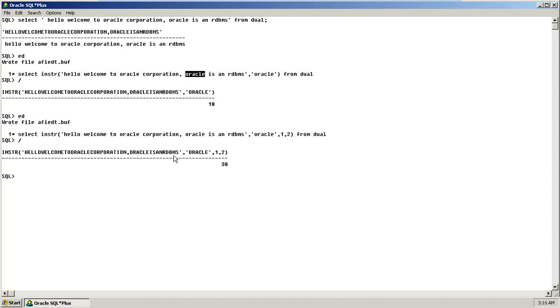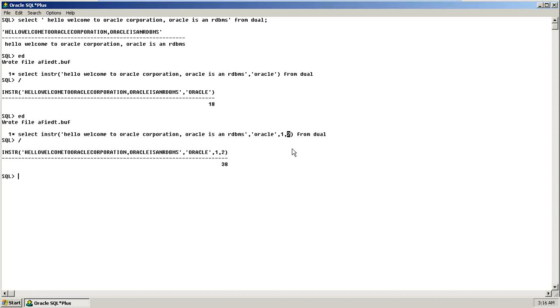See, here this is my source string. This is my search string. This is the starting position, from what position searching should get started. This is which occurrence of the string. Found the second occurrence of the string. If you give 1, that is the first occurrence.